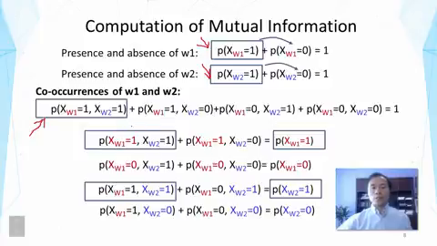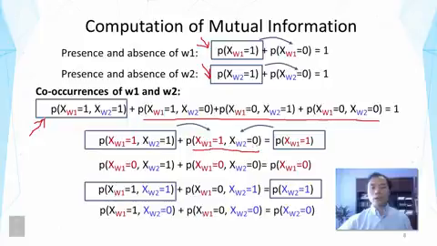Now it's easy to see that we can actually compute all the rest of these probabilities based on these. Specifically, for example, using this equation, we can compute the probability that the first word occurred and the second word did not, because we know these probabilities in the boxes. And similarly, using this equation, we can compute the probability that we observe only the second word.